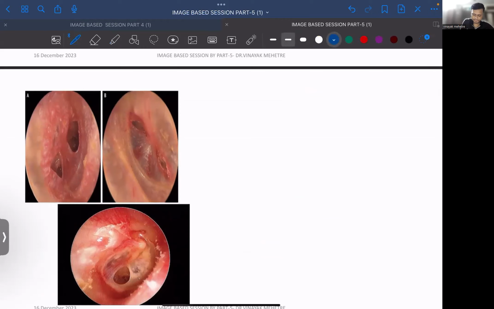Remember, till 3 months, management will be conservative. The reason being, the tympanic membrane can heal by itself.